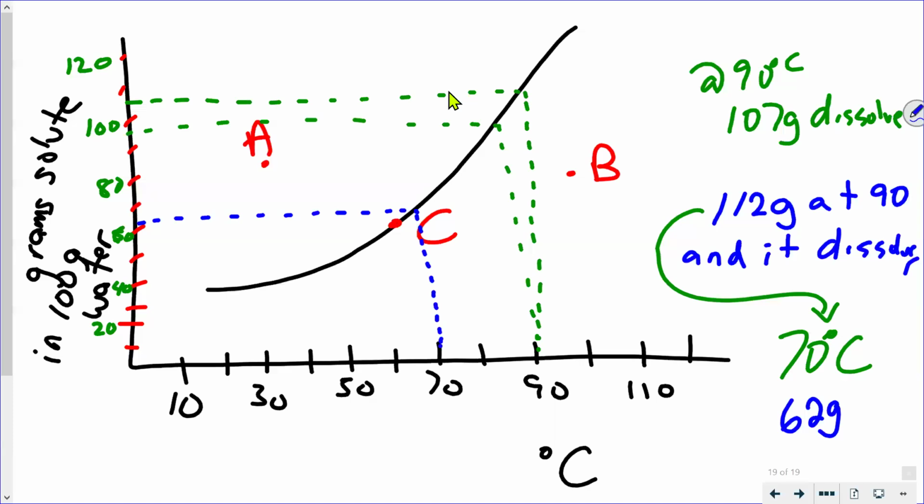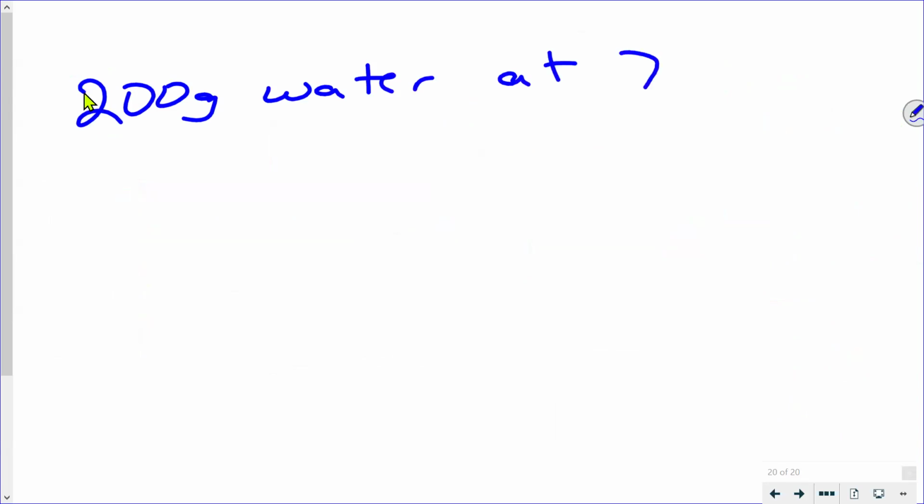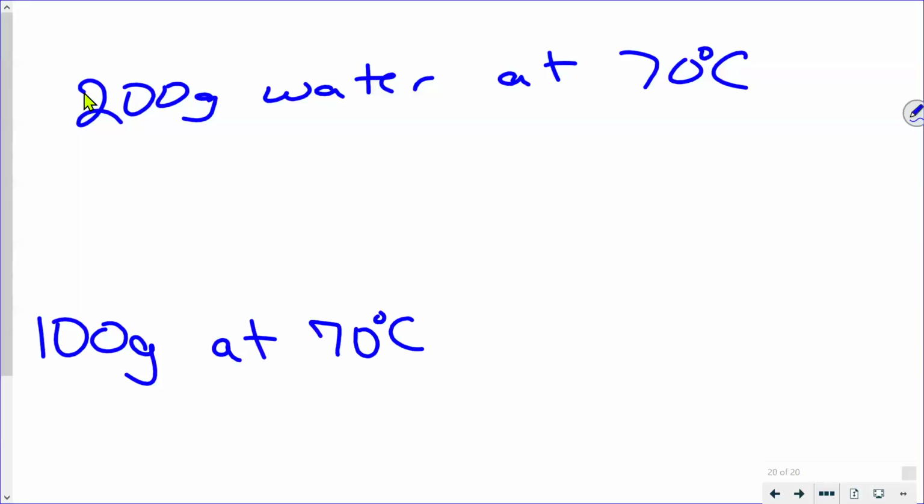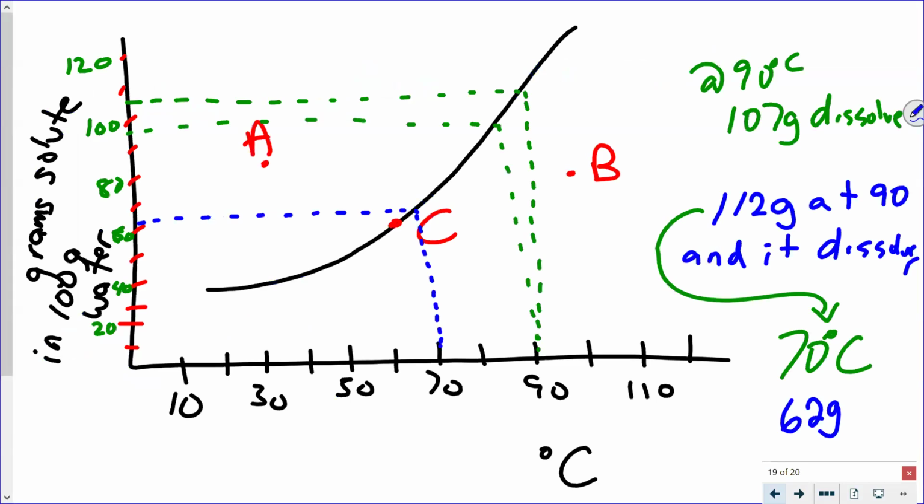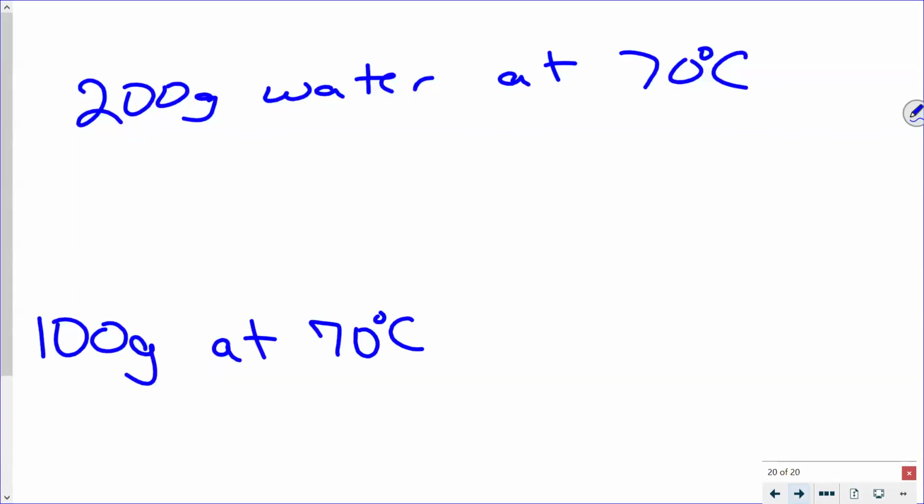The other one that you mentioned is, what if the question doesn't say 100 grams of water? What if the question says 200 grams of water at 70 degrees Celsius? At 100 grams, at 70, the graph said 62 grams.